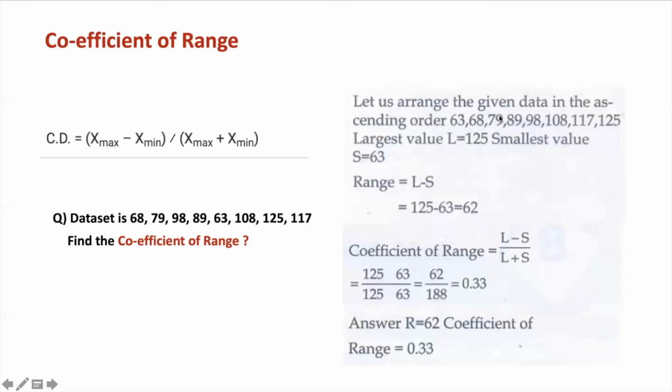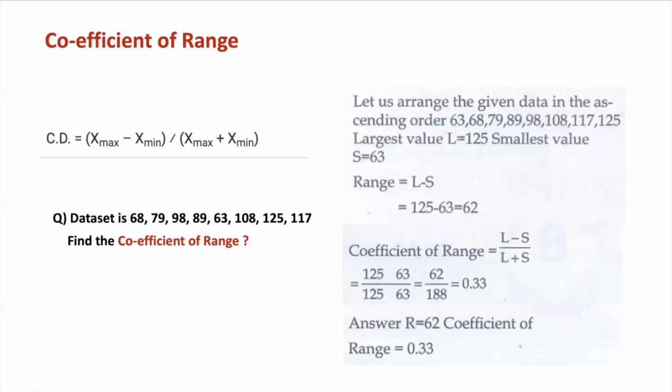First, let us arrange the given data in ascending order, which will go as 63, 68, 79, 89, 98, 108, 117, 125. So the largest value of the data set is 125 and the smallest value is 63. So first we will calculate the range, which is largest minus smallest.